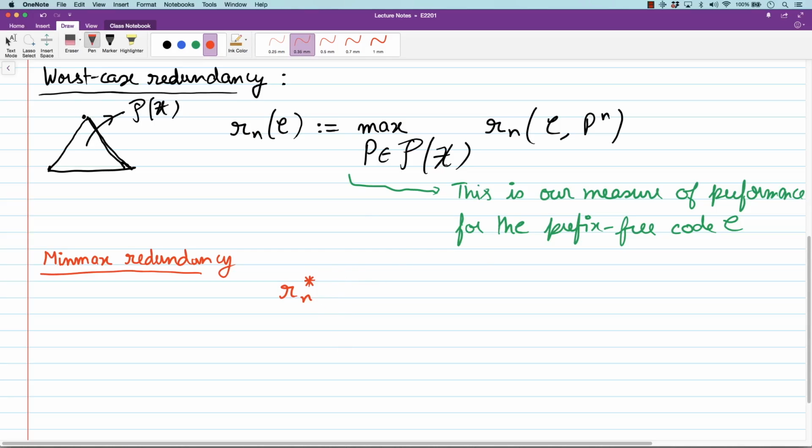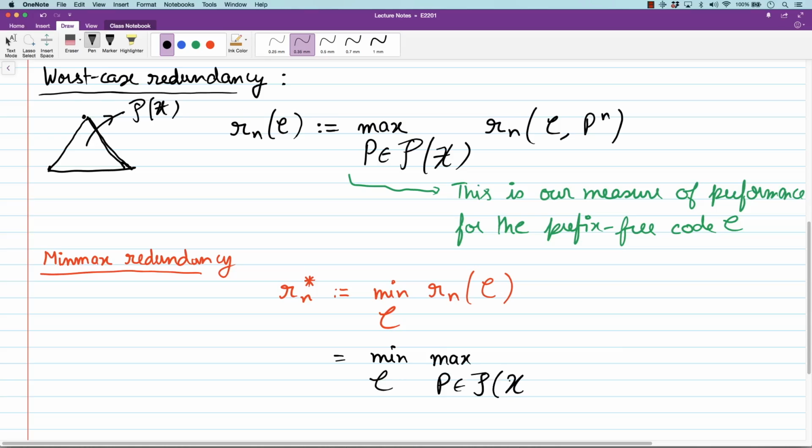This Rn star is defined as follows. You want the best code, so min over all C of Rn of C. If you unroll everything, this looks like min over all C, the best code, the worst case distribution on X of the average length.